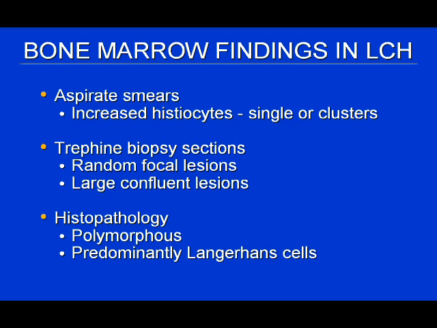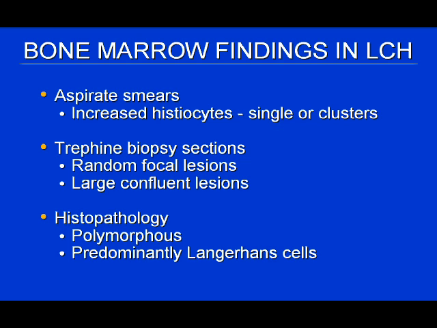But in some instances, the primary diagnosis is made on the basis of bone marrow biopsy performed for blood cytopenias, particularly in a child. The aspirate smears may show increased histiocytes out near the feather edge of the aspirate smears.